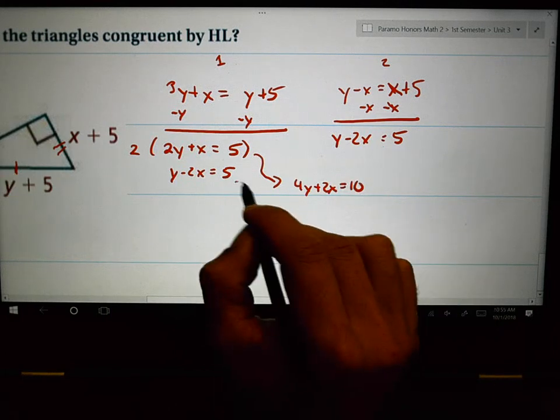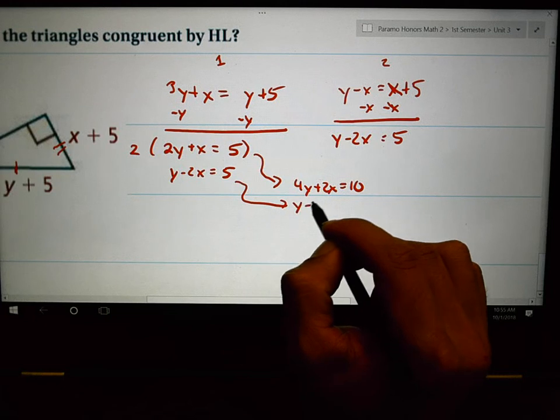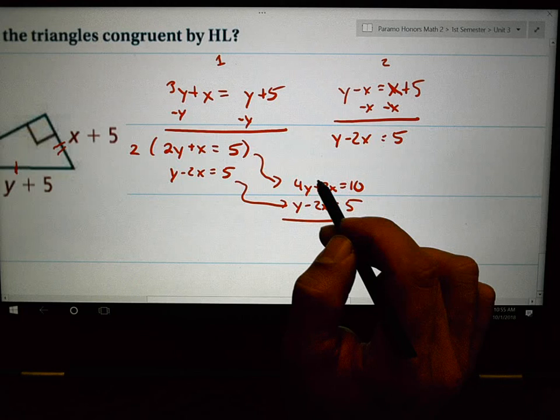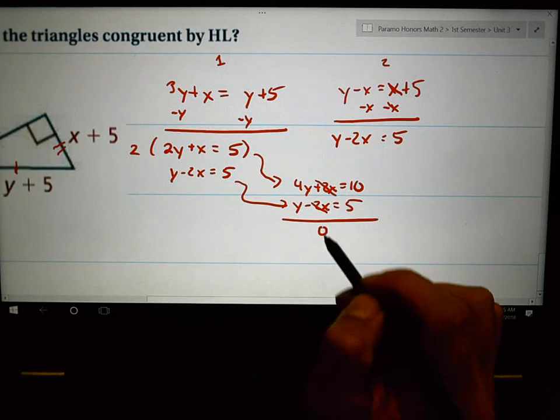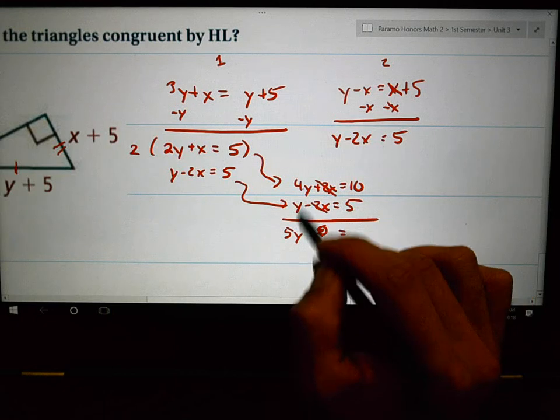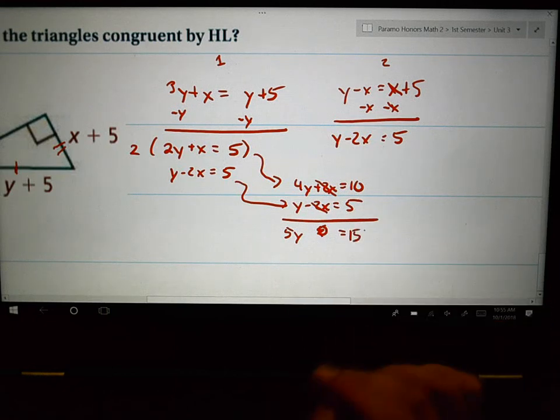And then this equation would be y minus 2x equals 5. What that would allow me to do is that when I add them, the x's just go away. The y's would add to 5y and equals 15, and we could figure out what y is very easily.